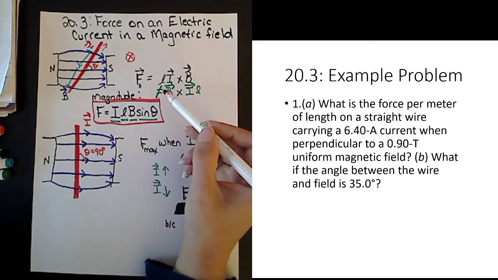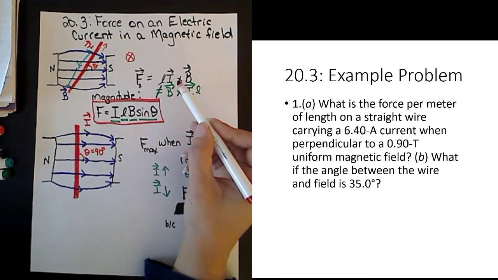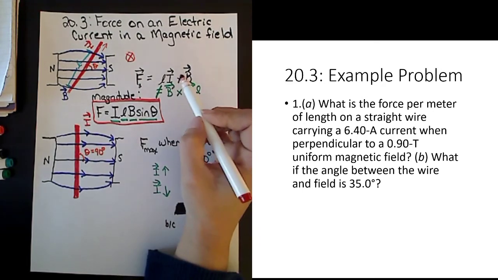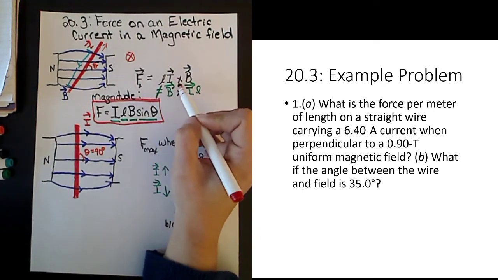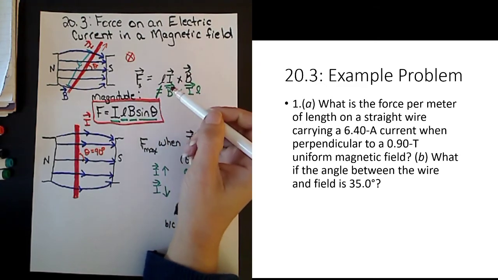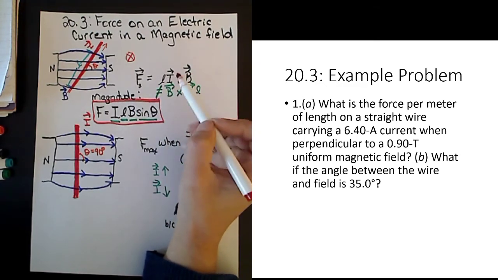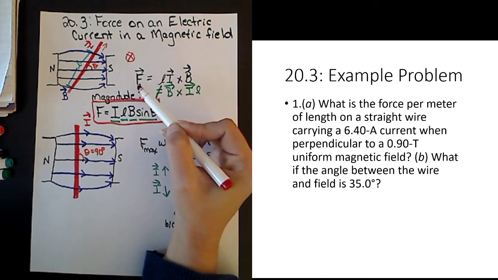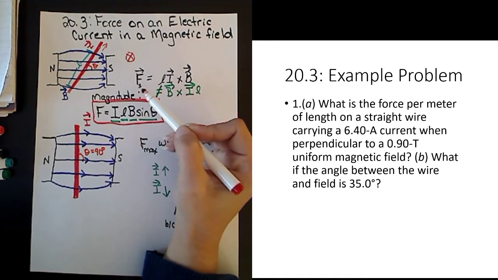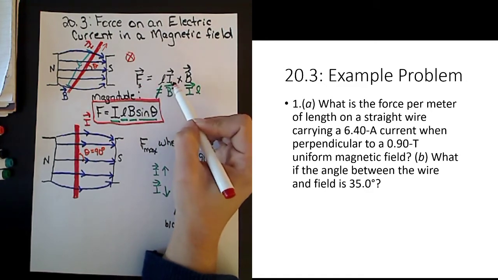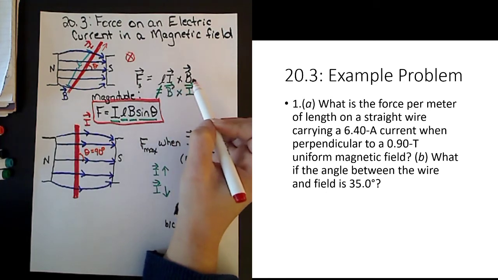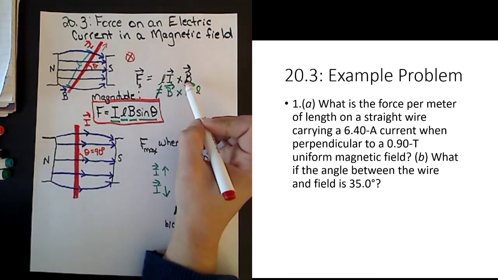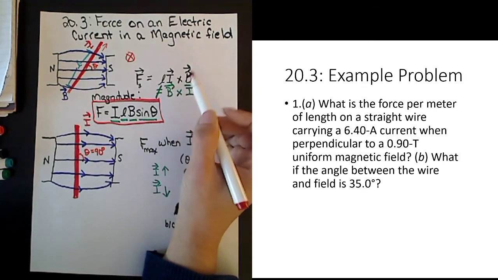So if you have happened to have had vector calculus, this will look familiar. But I point this out for two reasons. One, a property of a vector product is it gives us back a vector, and the resultant vector is perpendicular to the two vectors that we are taking the cross product of, in this case current and magnetic field.